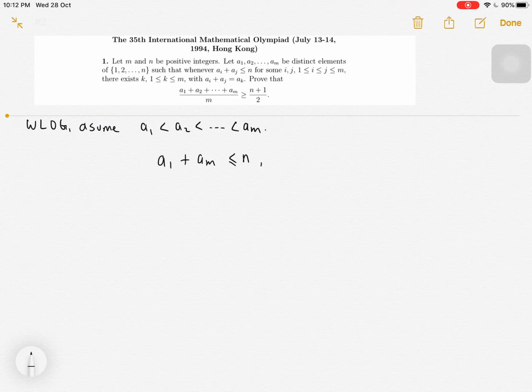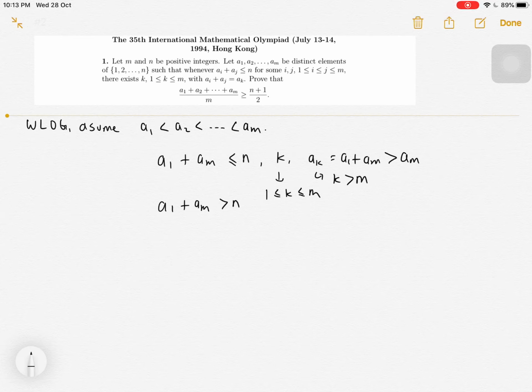Therefore, I have k such that ak is equal to a1 plus am, which is strictly larger than am, which is impossible because this would make k larger than m, which contradicts the fact that k is between 1 and m. Therefore, we must have a1 plus am is greater than n.